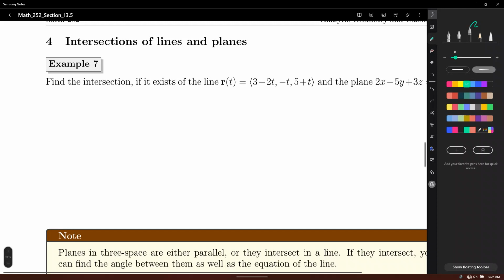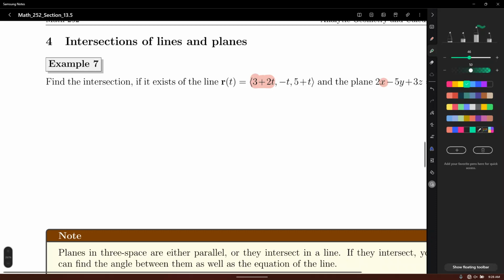So, let me highlight the x component of the vector valued function. What we're going to do here is substitute the x component of the vector valued function in the x variable in the equation of the plane.